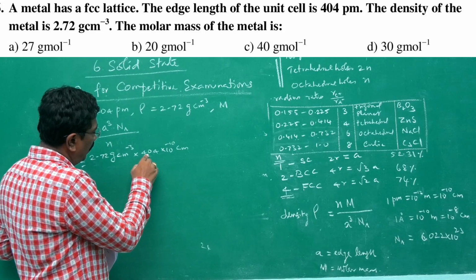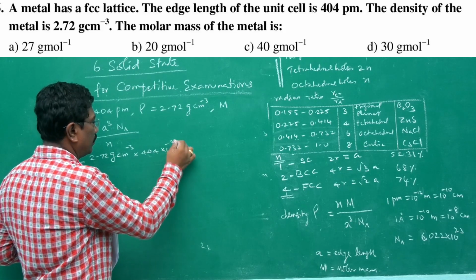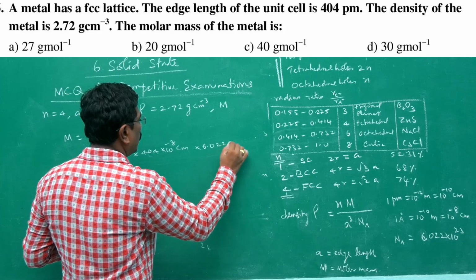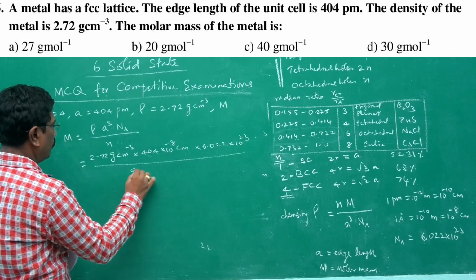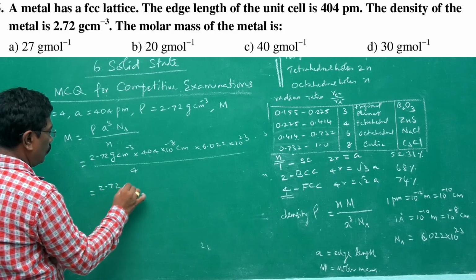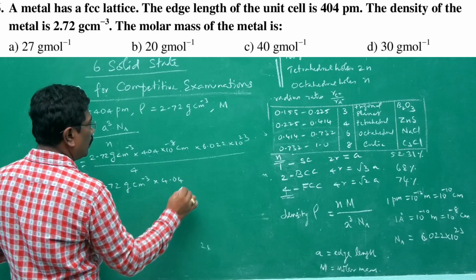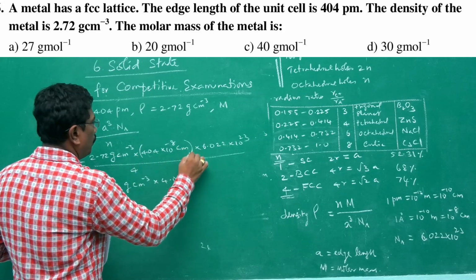If I divide it by 100, it has to be multiplied by 100, therefore 10 power minus 8. Into 6.022 into 10 power 23 divided by n is equal to 4. So 2.72 gram per centimeter cube into 4.04, it should be whole cube.